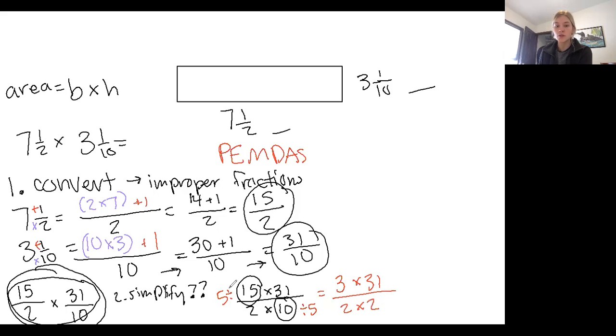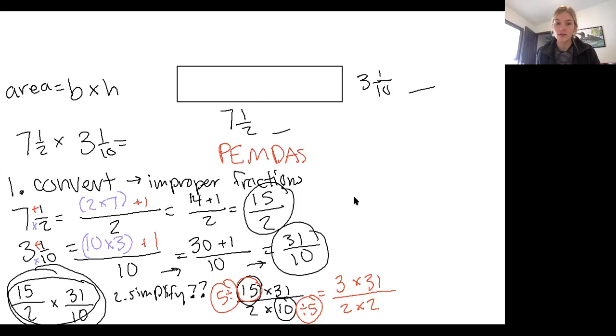So as long as you divide or simplify your numerator and denominator by the same number, this helps us because it's a lot harder to multiply 15 times 31 than it is to multiply 3 times 31. So we can simplify in that way.